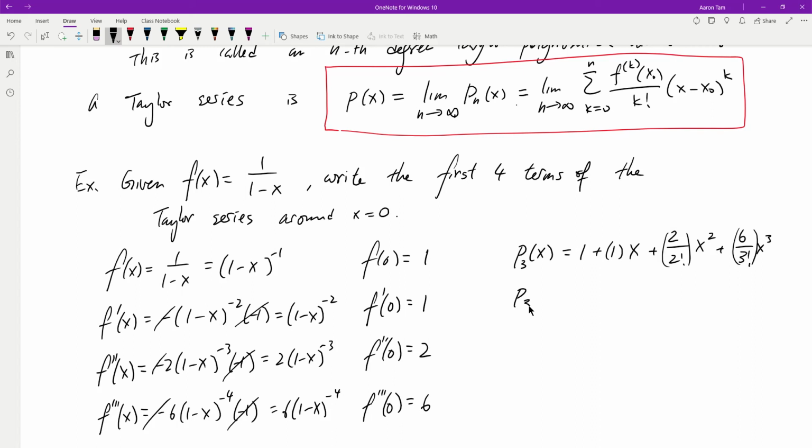And so p sub 3 of x is equal to 1 plus x. Notice 2 over 2 factorial is just 1, so x squared. 6 over 3 factorial is also 1. So that's p sub 3.